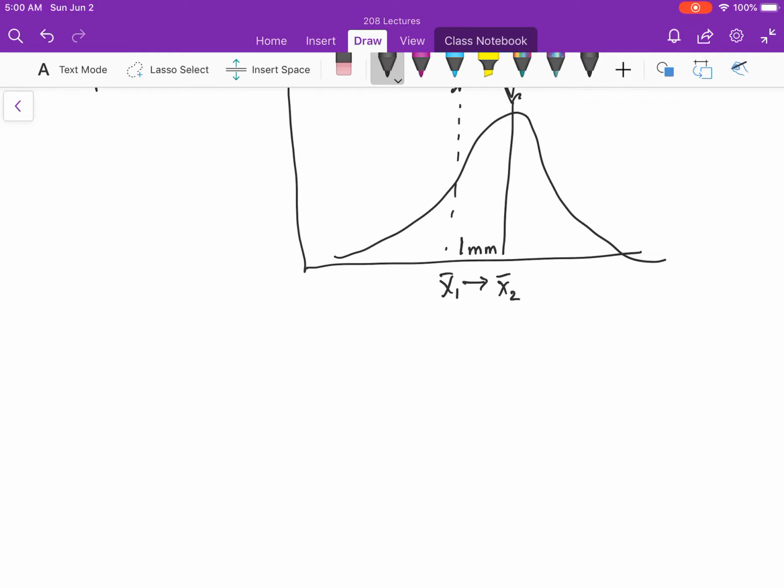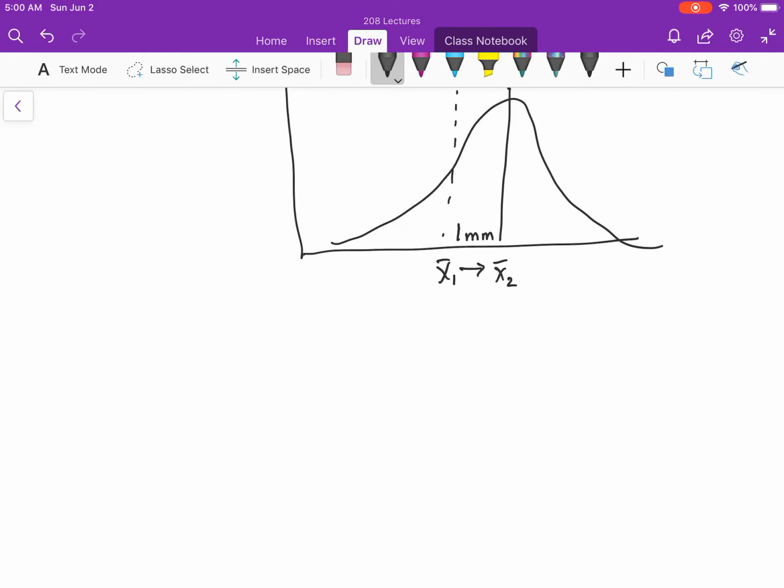But let's ask what happens if each generation has a 1 millimeter change in bill length. And let's assume that in birds it takes 3 years to have a generation. Let's even give them longer than that. I think 3 is plenty.